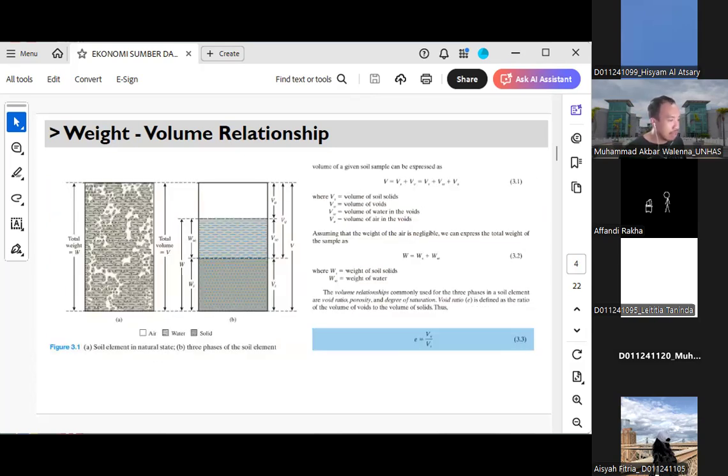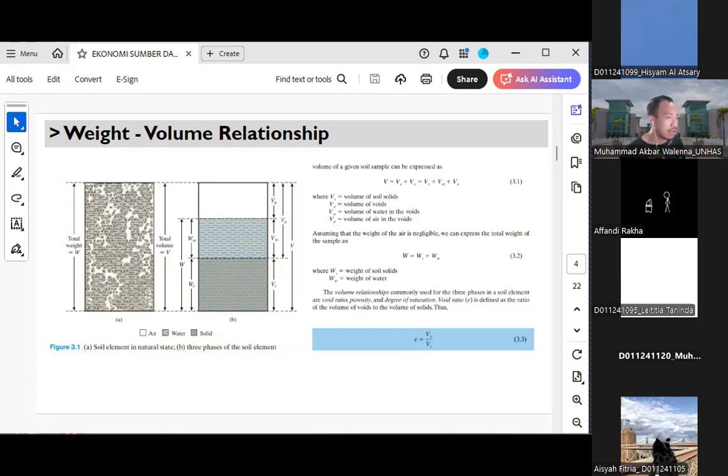So for this slide, what I can summarize is that, first, when it comes to volume, the volume equation tells us how soil space is divided into solids, water, and air. When it comes to weight, the weight equation tells us that the soil's weight comes only from solids and water, because the weight of air is negligible.